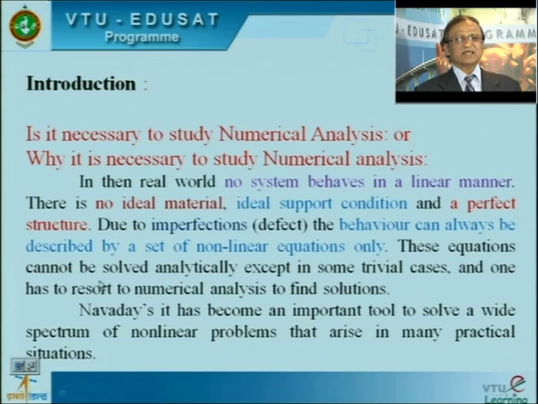These equations cannot be solved analytically except in some trivial cases, and one has to resort to numerical analysis to find solutions. Nowadays, it has become an important tool to solve a wide spectrum of non-linear problems that arise in many physical situations.